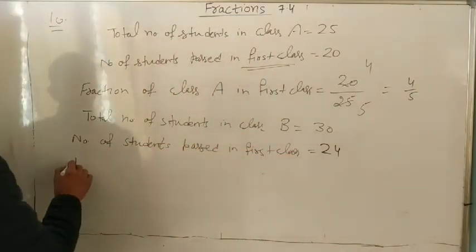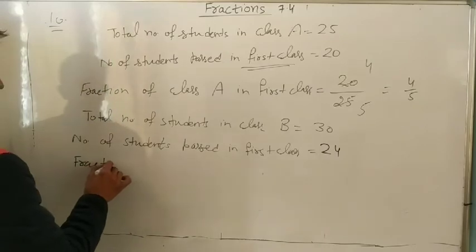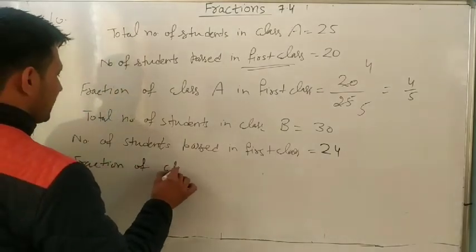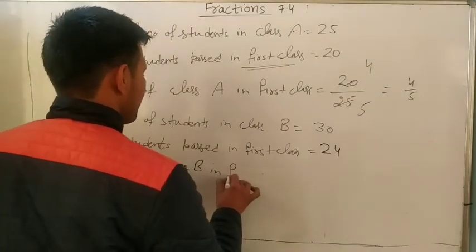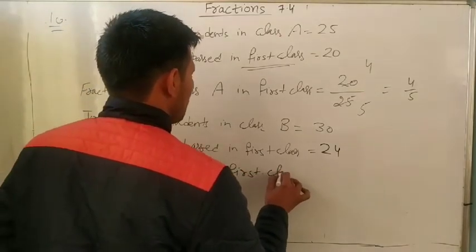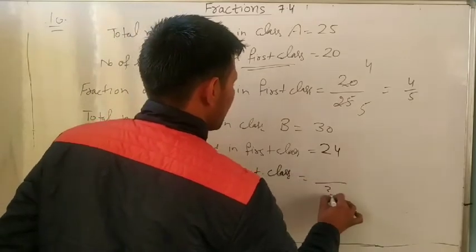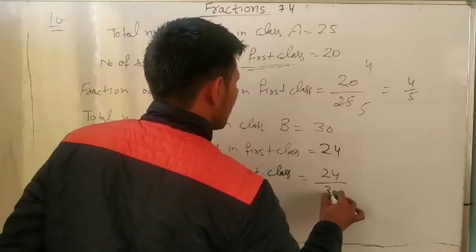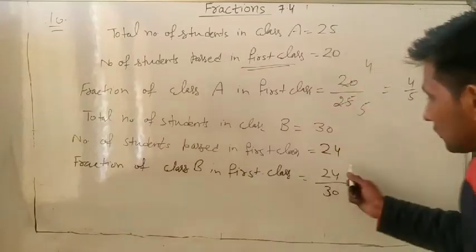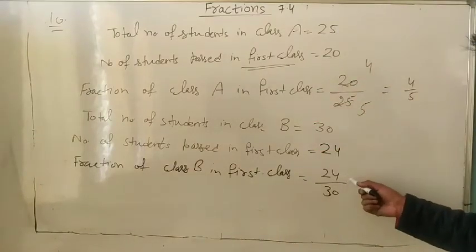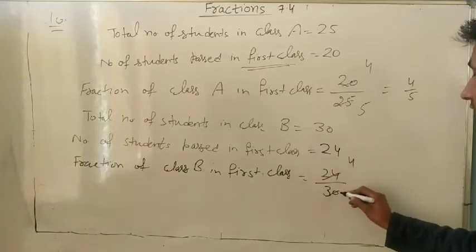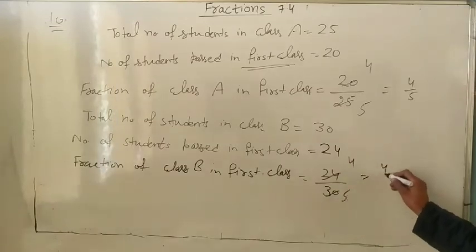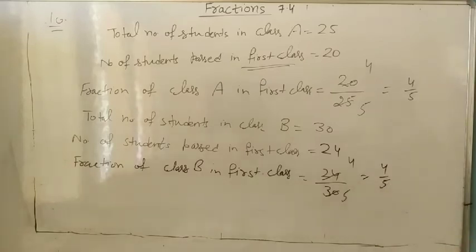So we will find the fraction also. So write fraction of class B in first class. How much? Total 30 and 24. You can cut by 2 also. Both numbers are also divisible by 6: 6 times 4 is 24, 6 times 5 is 30. Both numbers should be divided by the same number. Okay, 4 upon 5, 4 upon 5.